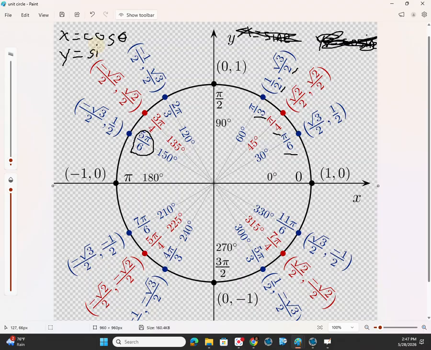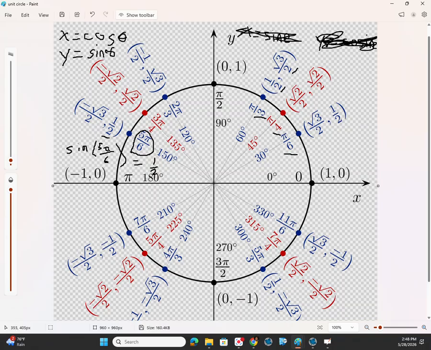I apologize for that. Goodness, this mouse is not very precise. Okay, what is the sine of 5 pi over 6? Well, the y value is 1/2, so sine of 5 pi over 6 is 1/2.